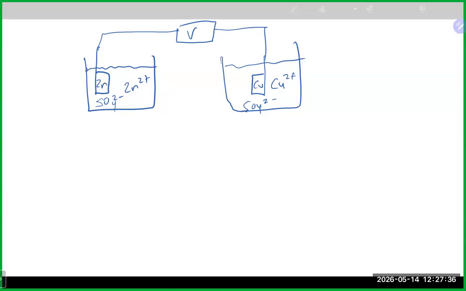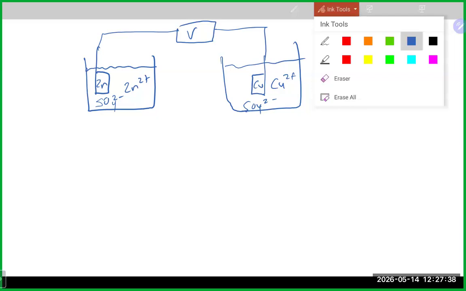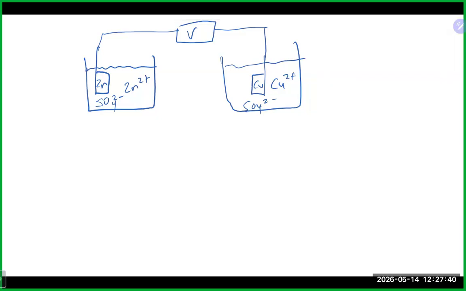Now, if I remove the salt bridge, for example, what's going to happen is this. We're going to get all these zinc guys jumping into the pool, and they're going to lose their electrons. But the problem with that is as they come into the pool here, I am going to build up a lot of positively charged zinc ions in there.